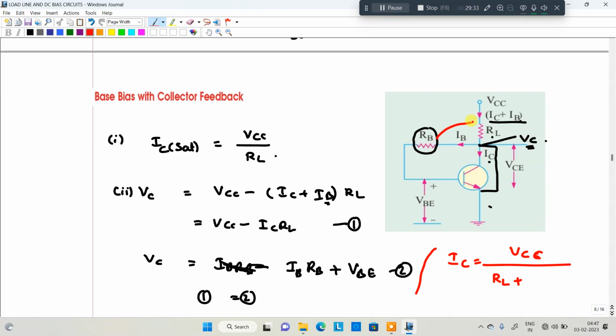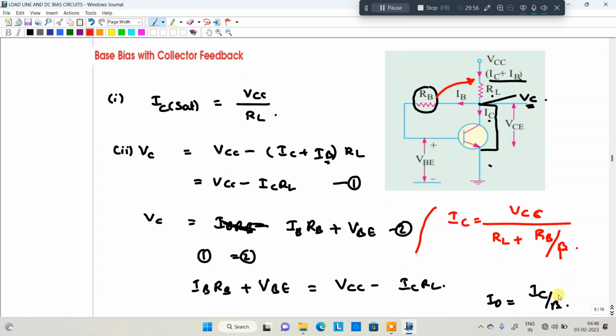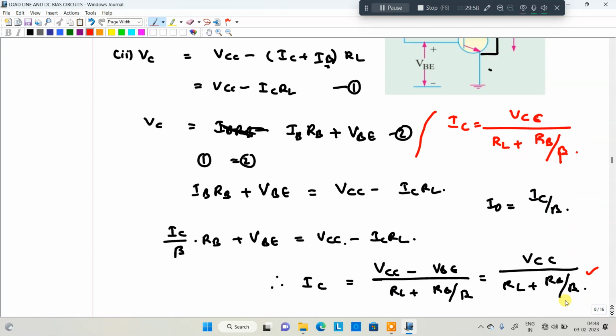I can refer the base resistance to the collector terminal, that is RB divided by beta. Base resistance referred to the emitter is also RB by beta. Base resistance referred to the collector terminal is also RB by beta if you are neglecting one. So this is the formula, you can compare it with the earlier one, yes or no?